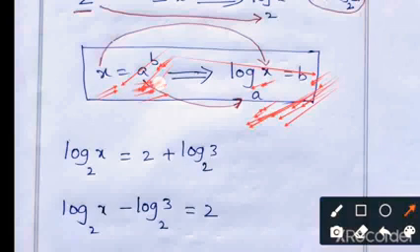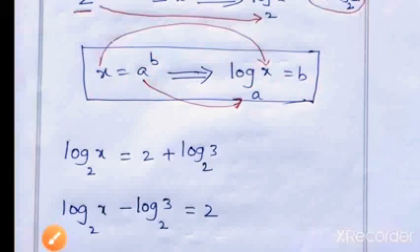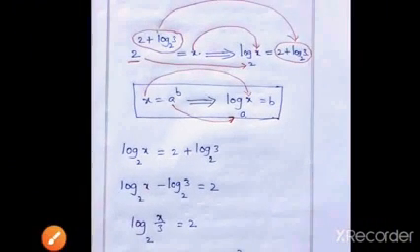Base stays in the base place, power goes after is equal to, and x goes beside log. I will explain some example sums regarding this formula and then go to this sum.